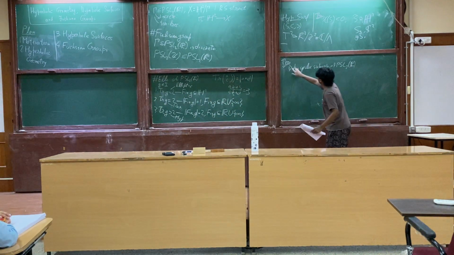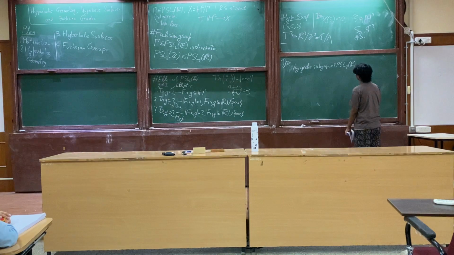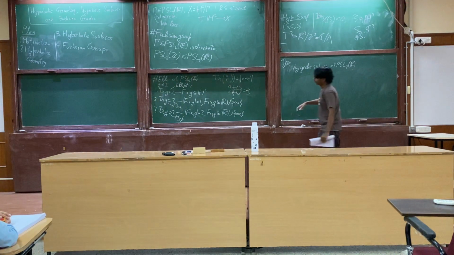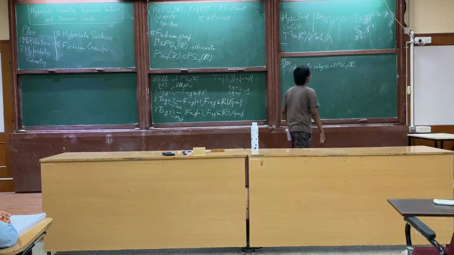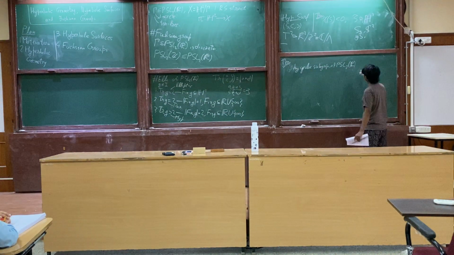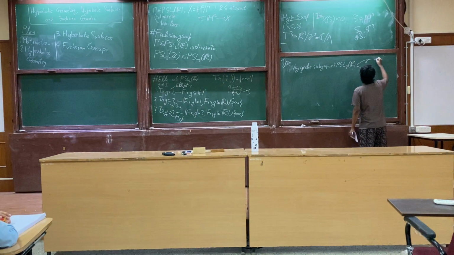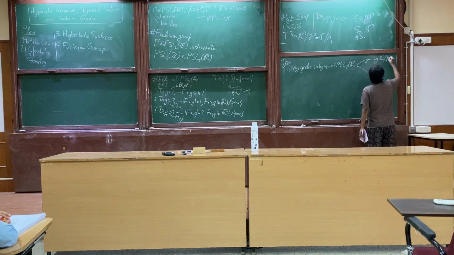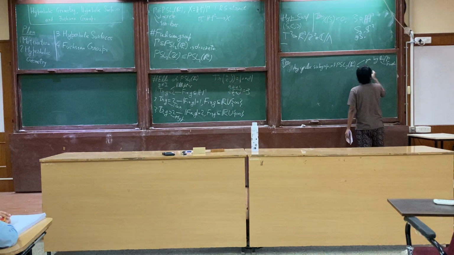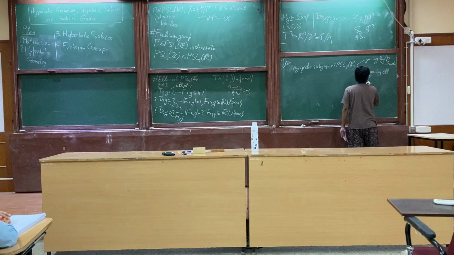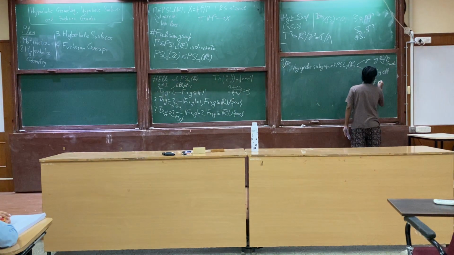So we start with a cyclic subgroup of PSL2R. If it is generated by a hyperbolic or a parabolic element, according to this definition, then it is always Fuchsian. And if it is generated by an elliptic element, then it's Fuchsian if and only if it's finite.